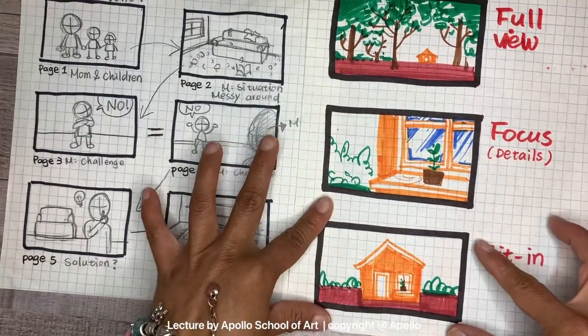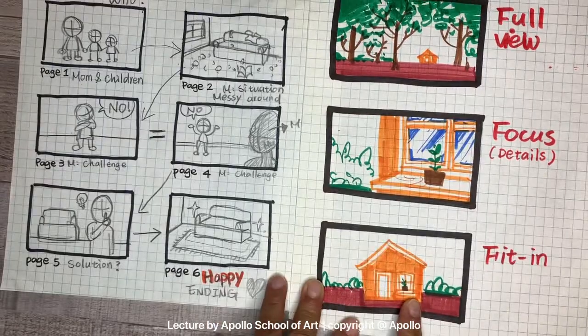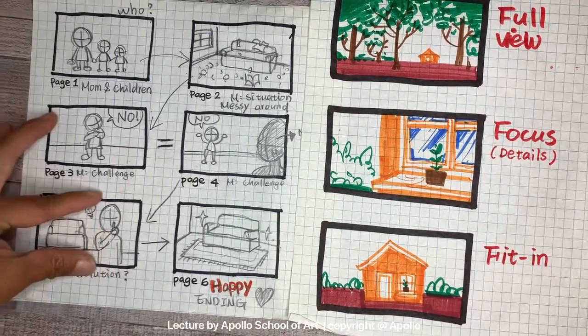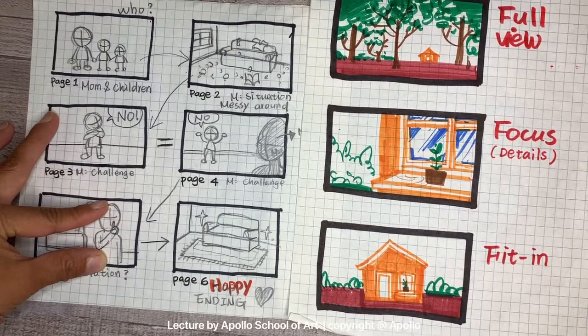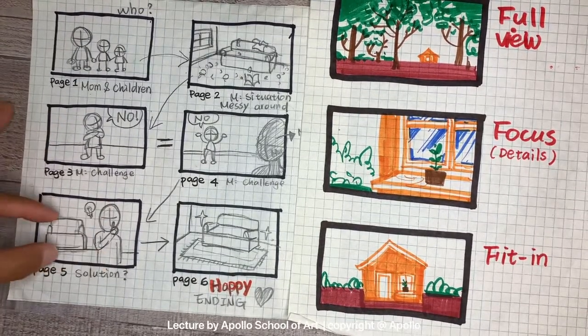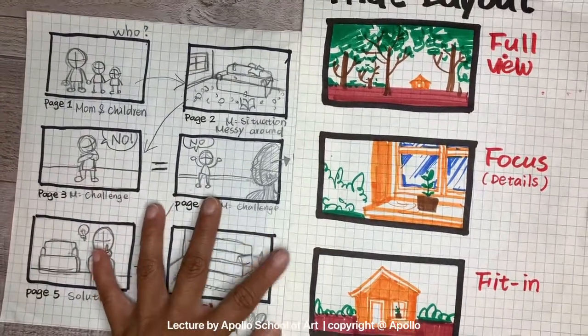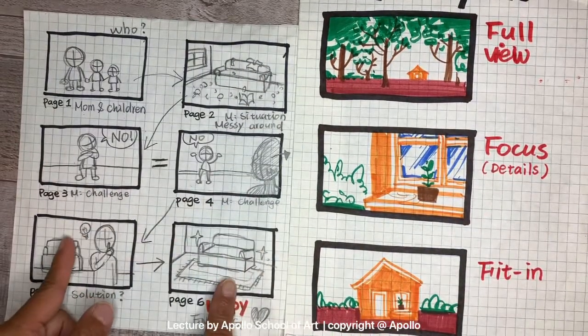And the fit in, where we can see a little bit of the object and a little bit of background, just like this. I can see a little bit, maybe the eyelash, but I can see a little bit of location. I need to see 3 different layouts in your story.